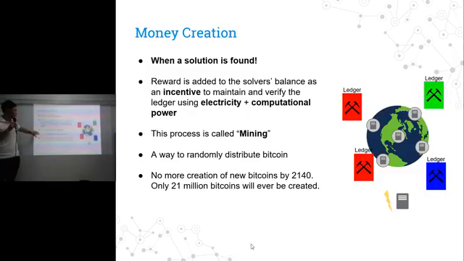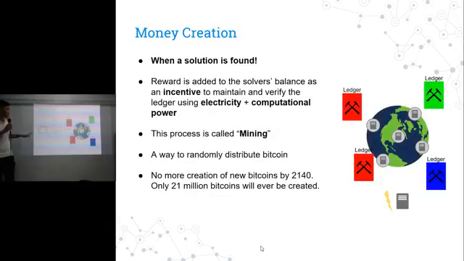So it's a great way to randomly distribute the Bitcoin over the world. And by 2140, there's not going to be any more Bitcoin being created. At that time, the miners will only get paid through transaction fees. They're not going to get paid through new Bitcoin that's going to be created out of thin air.